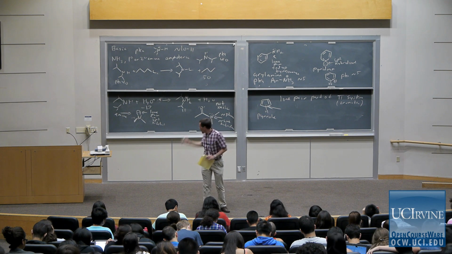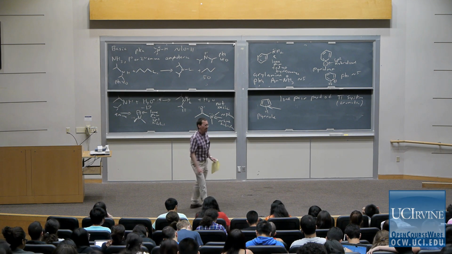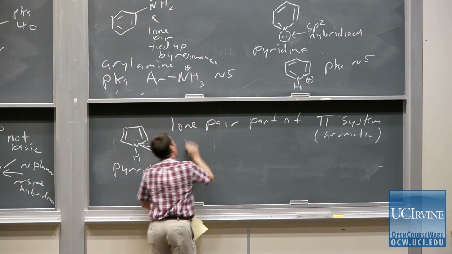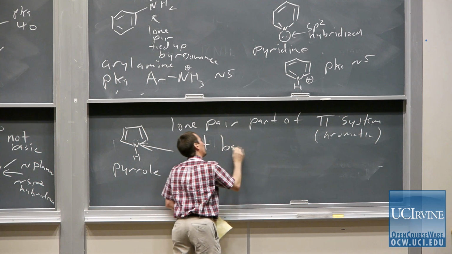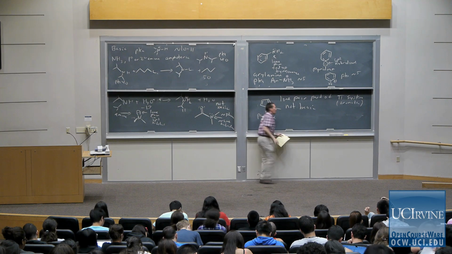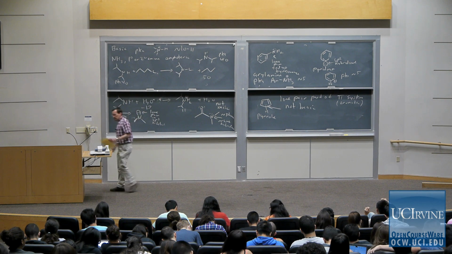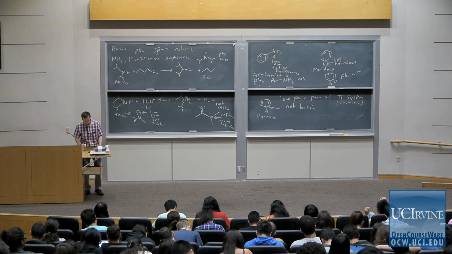That lone pair, just like the lone pair in amides, is for all intents and purposes not basic. Pyrrole can protonate, but when it protonates, it actually ends up protonating on carbon, not on nitrogen.